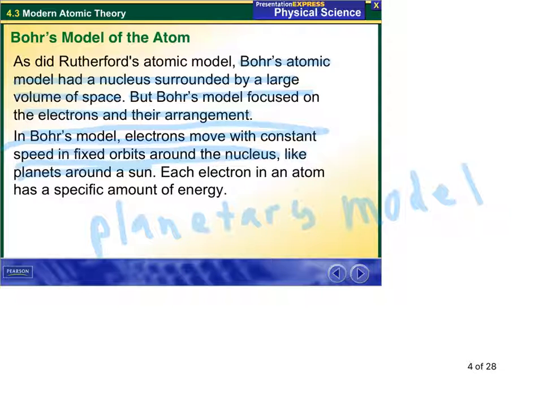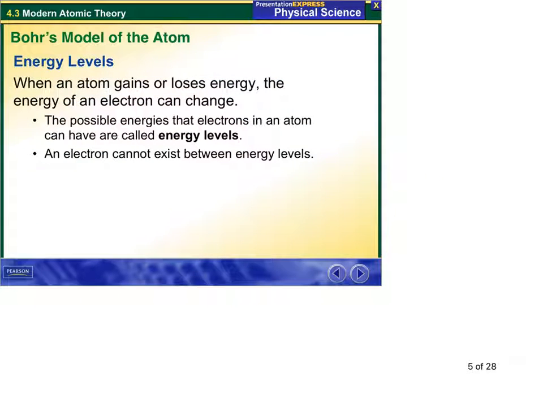Each electron has a specific amount of energy. When atoms gain or lose energy, the energy of the electron can change. The electrons are assigned to what we call energy levels, the possible energies an electron can have. An electron exists only in a certain energy level.